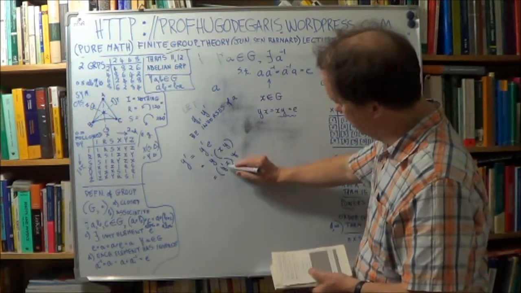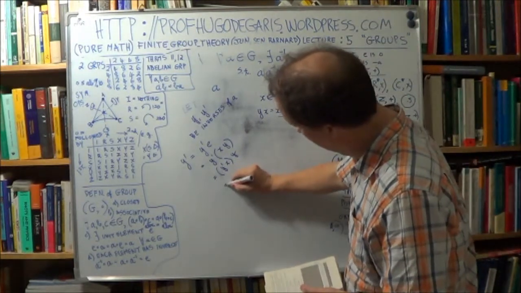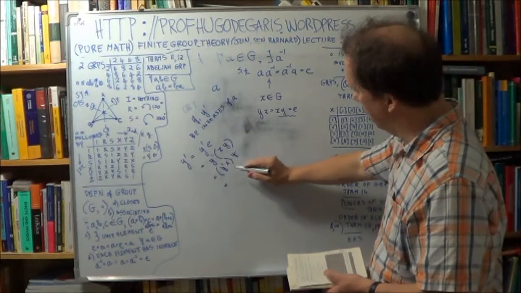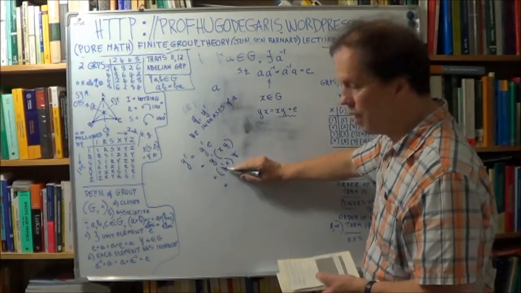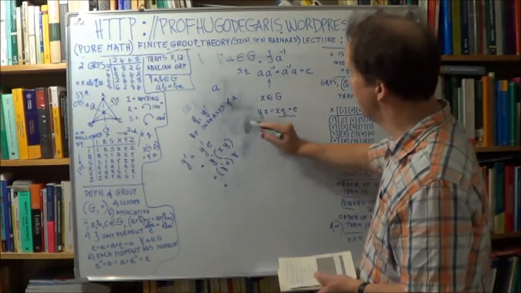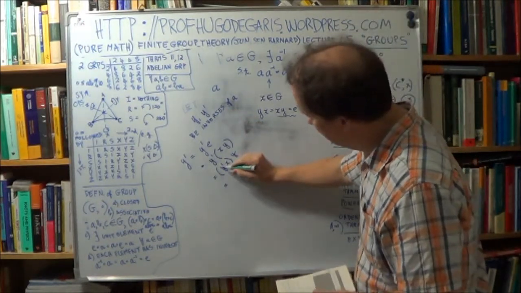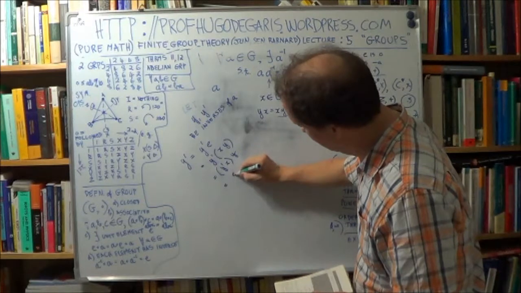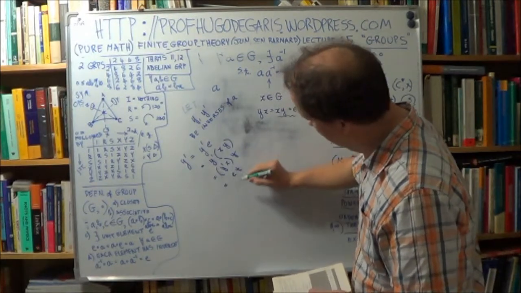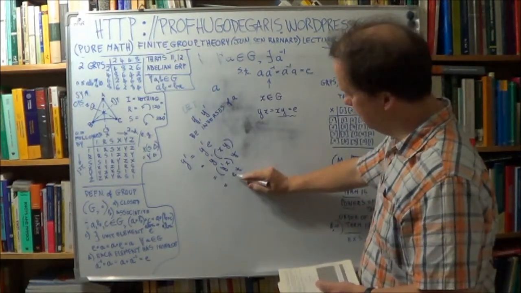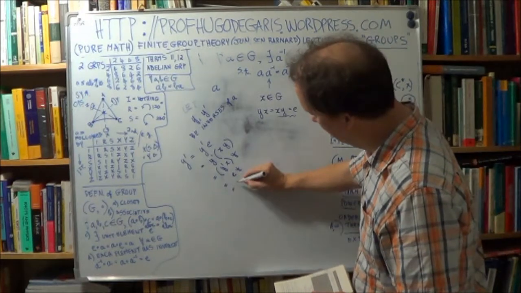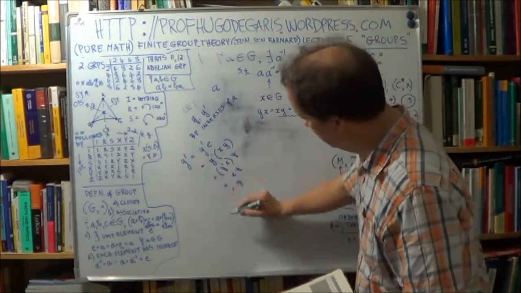Okay. All right. So now, what is this? Now, what is Y dash X? Well, we assumed it was another inverse of X, right? So this is just E, right? So that's E, Y. Now, it's the unit, so that's just Y. And there it is.